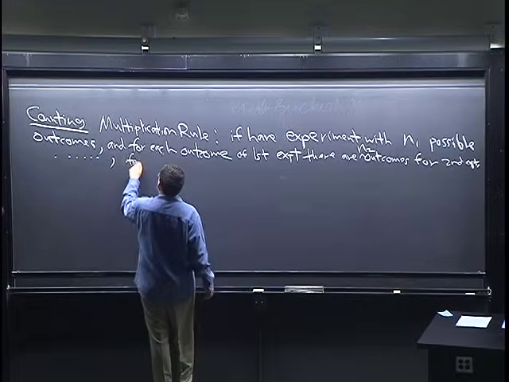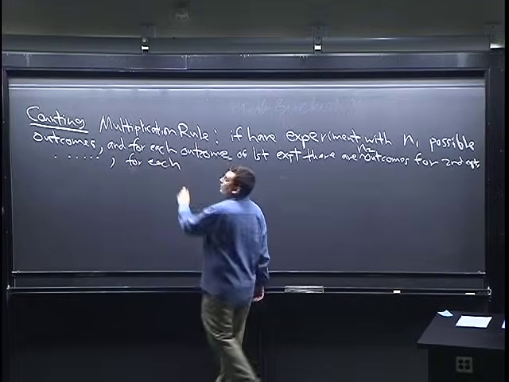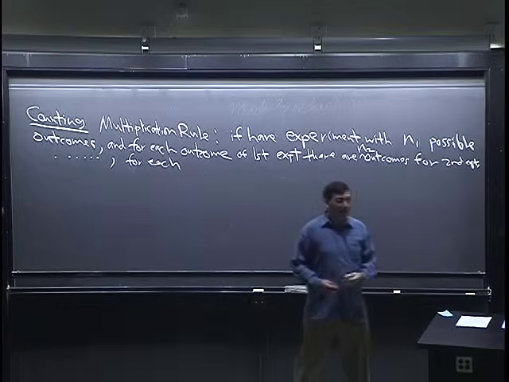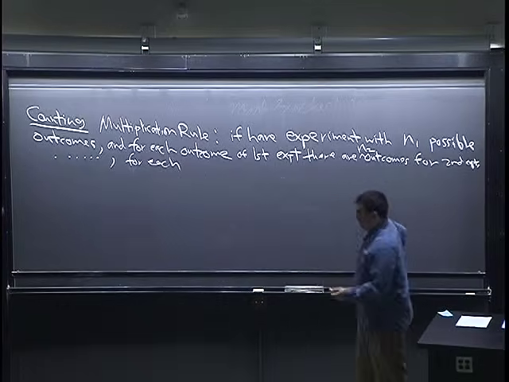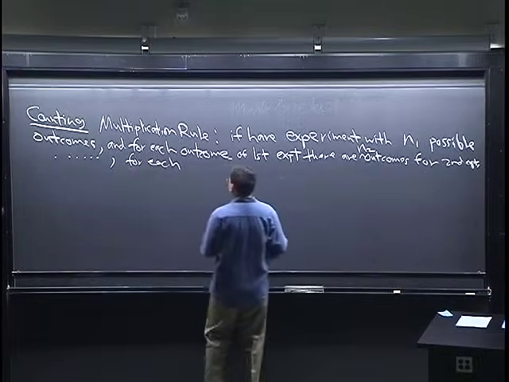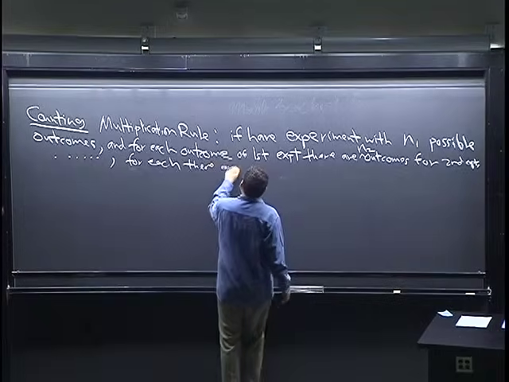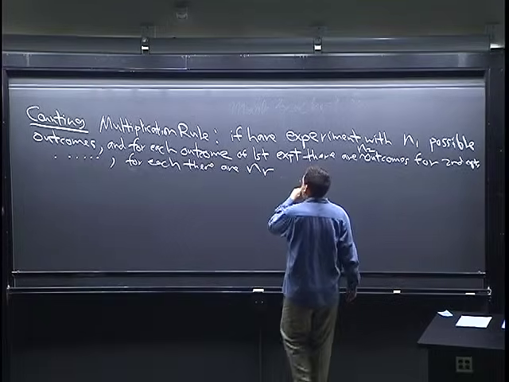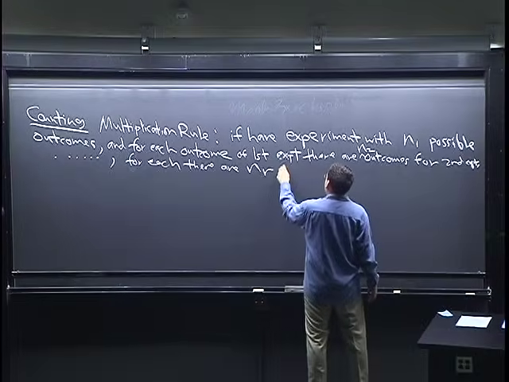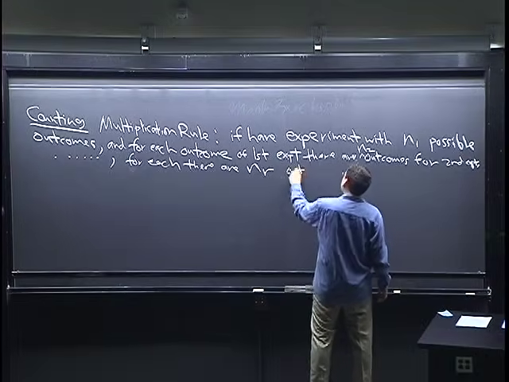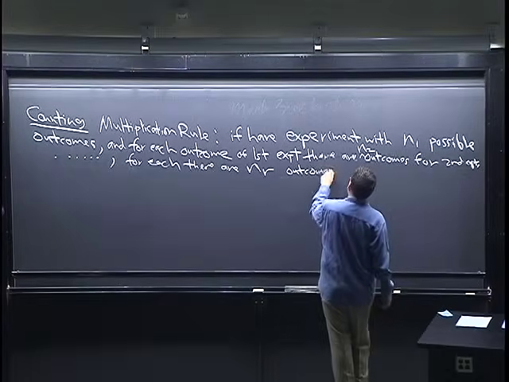And so for each, no matter what happened with the previous r minus 1 experiments, there are n sub r possible outcomes for the rth experiment. Okay, I'm almost done stating this.